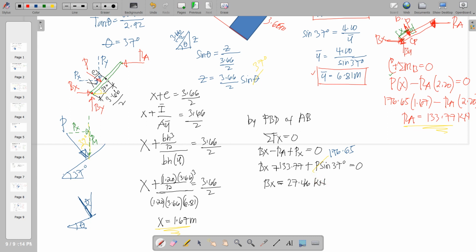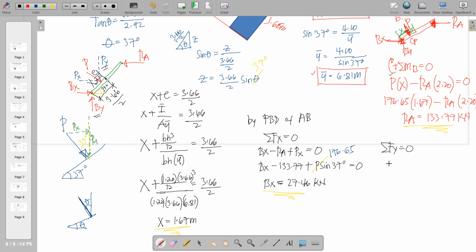kilonewtons. Okay, so we also need to determine By. So we can get that by this equilibrium equation along the vertical. Look at this figure, the vertical ones are only By and Py.